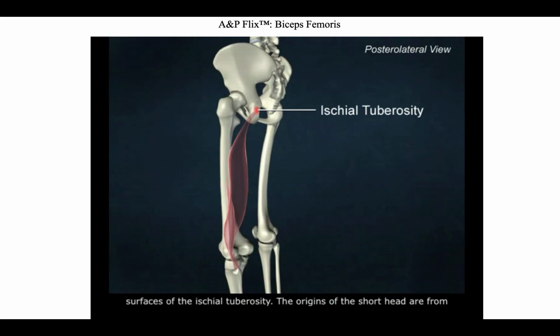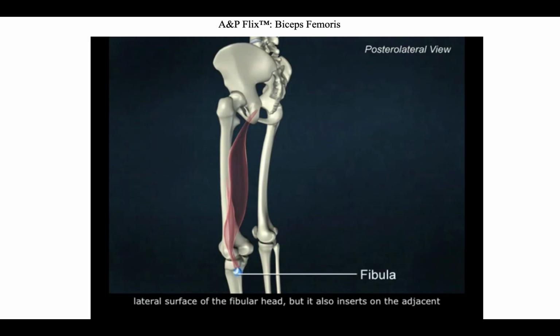The origins of the short head are from the lateral lip of the linea aspera and the lateral supracondylar line of the femur. The fibers run inferiorly and laterally to insert primarily onto the lateral surface of the fibular head, but it also inserts on the adjacent surface of the lateral condyle of the tibia.